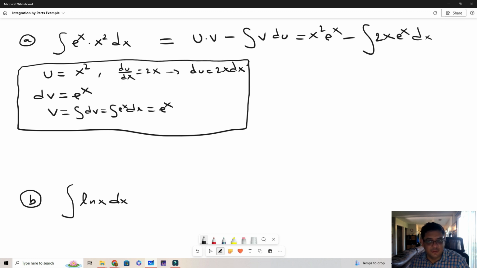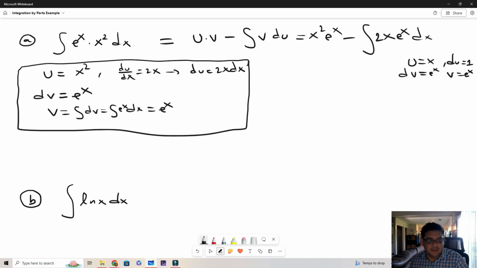Now I can do u equals x, and dv can again be e to the x. So du is 1 dx, and v is e to the x again.